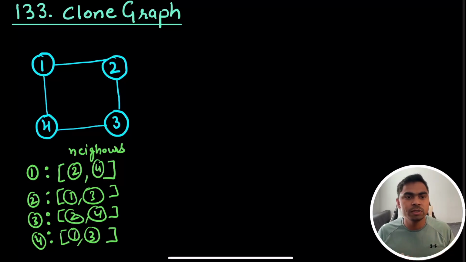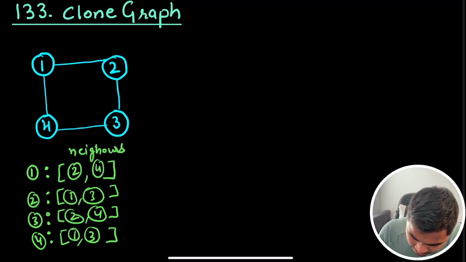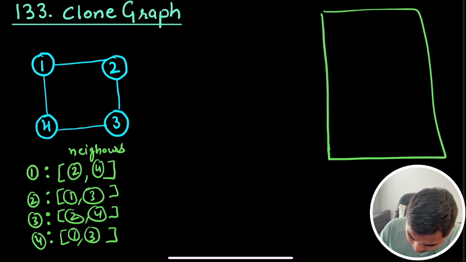So I will use a HashMap to link the copy of these nodes, with the value being the copy, the new node that we are going to create. So I will have a HashMap. Let me just create this HashMap right here.